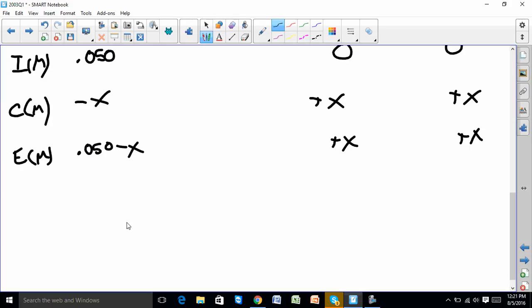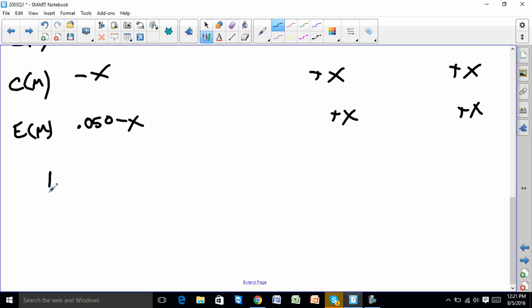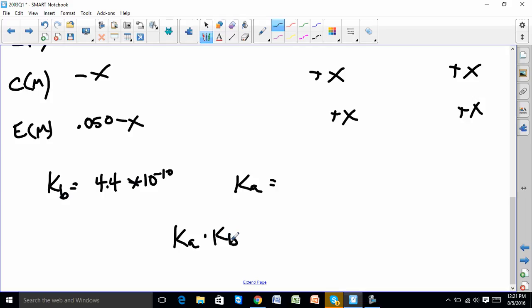Now, if this problem weren't tough enough, if the Kb value is 4.4 times 10 to the negative 10, what's the Ka value? Well, remember, Ka times Kb is equal to Kw. So Ka is going to be Kw over Kb.